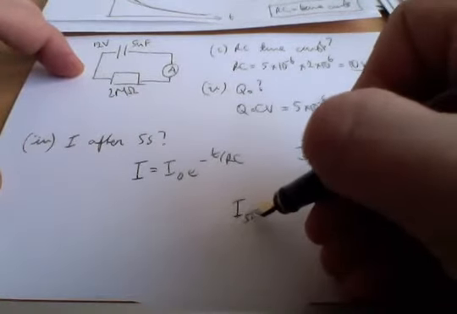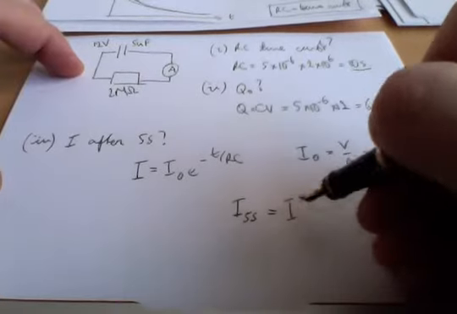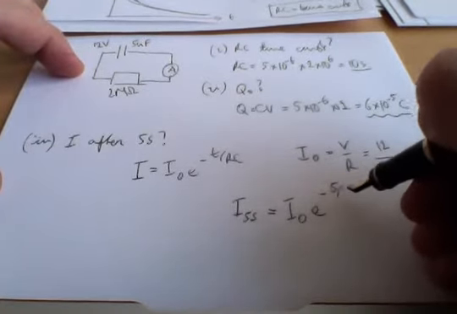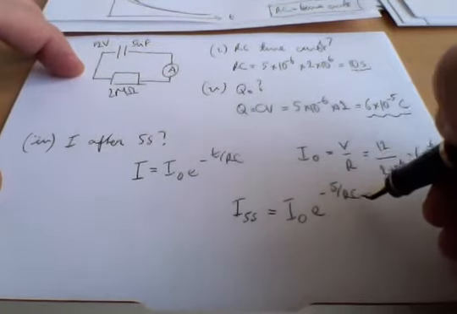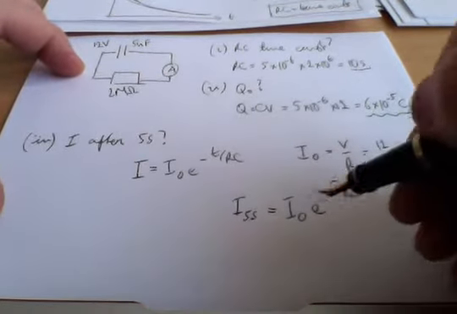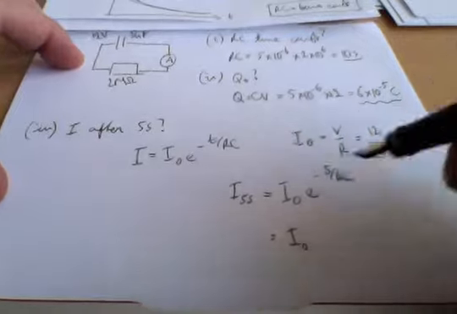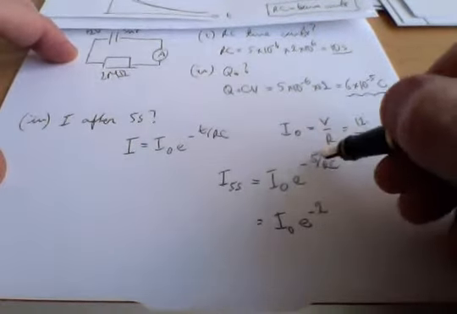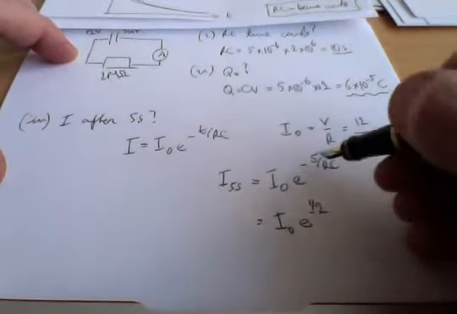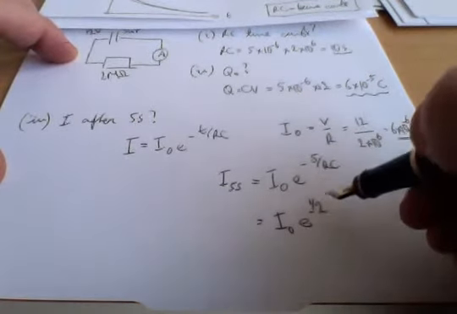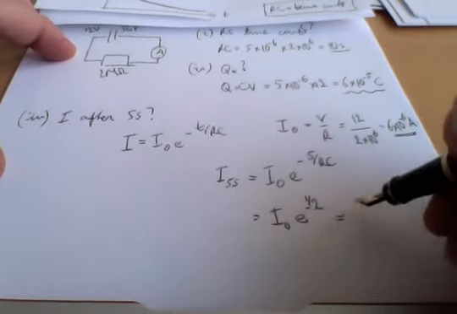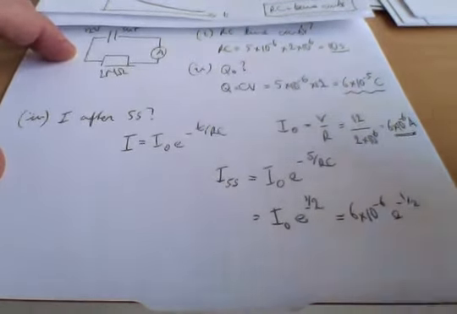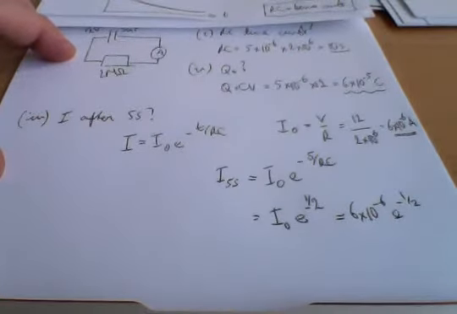At 5 seconds, of course, I have the initial current times an exponential factor, with 5 seconds over my RC time constant. Well, we know that RC is 10 seconds, so 5 over RC gives me a half, which gives me 6 times 10 to the minus 6, e to the minus a half.